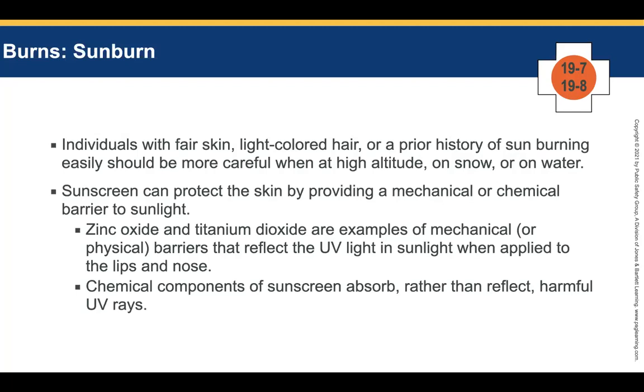You'll see people that are very sensitive go for the mechanical, trying to reflect it off, and they'll have the white lips. That's some type of a zinc oxide mechanical barrier. Usually you'll only see that on the nose and the lips because it's pretty expensive and you can't just lather it on, whereas the chemical components you can keep putting on.